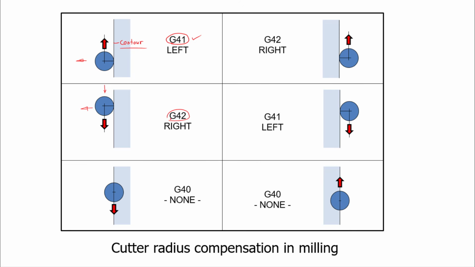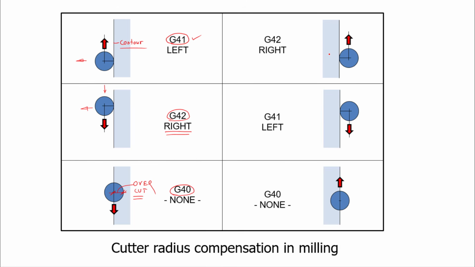So for that purpose, we have to ask the controller to move away from the contour in the right direction, that is G42. So if we don't utilize the compensation, the cutter will move in this direction, and this would be the overcut, and that will spoil the entire work part.